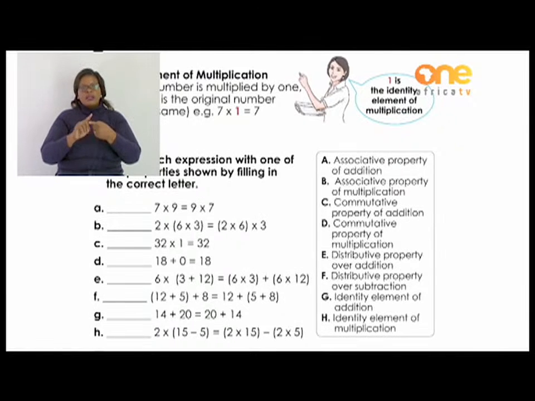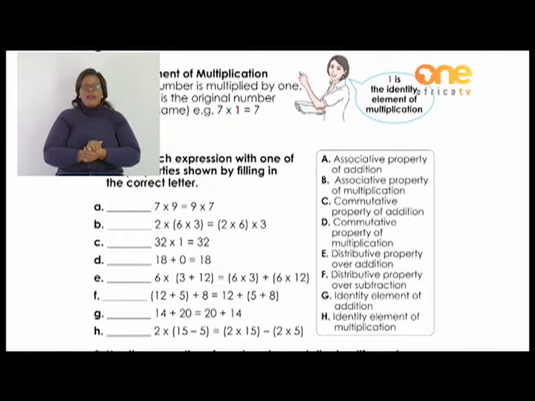When any number is multiplied by 1, the product is the original number, meaning it stays the same. If you just go through the sentence which I just read now, you can see that there's a word product.